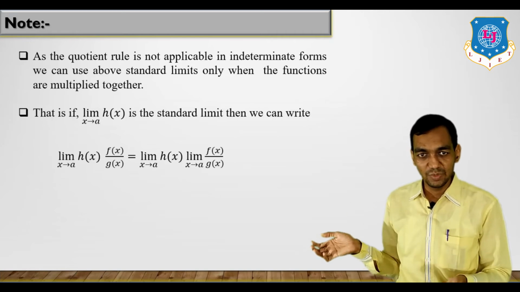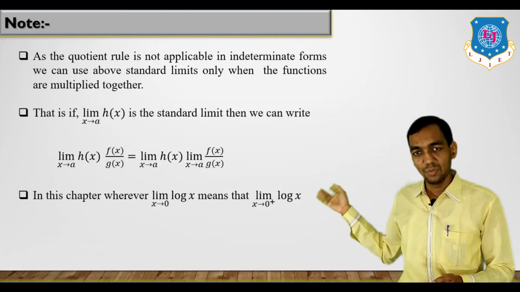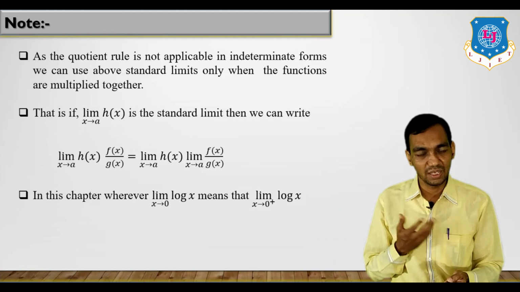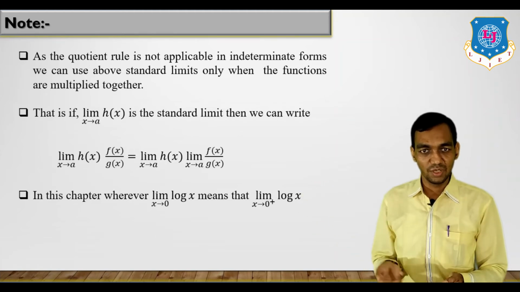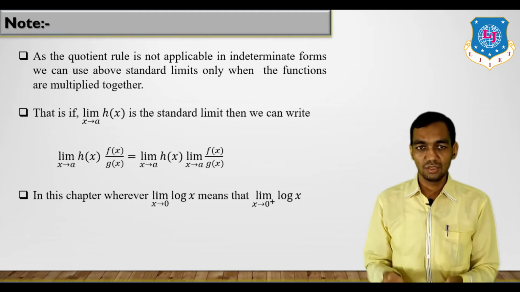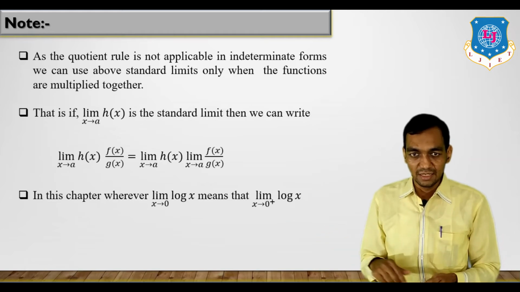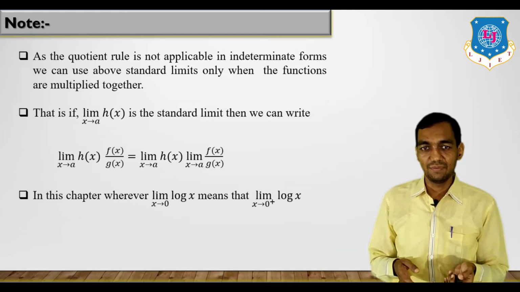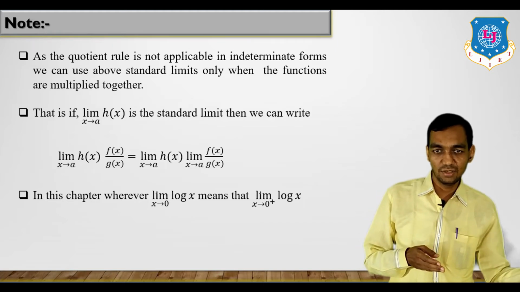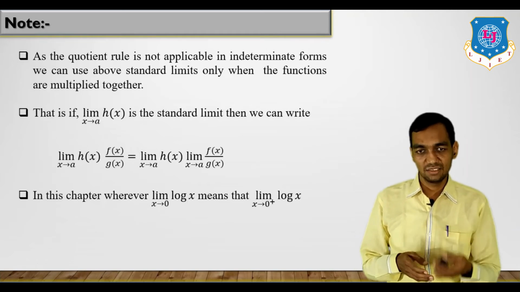Then we are going to separate the limits, and since you are already aware of the limit of h x, put it in, and for the remaining function you will have f x by g x. Now if it is 0 by 0 form, then you can apply L'Hopital's rule, because the first limit is going to be constant. In the same manner, there is a basic concept we have to consider: suppose you are given limit x tends to 0 log x, that means you have only the right hand side limit, the left hand side limit is not there. Please remember, because log is defined only for x greater than 0, that means we are going to take the right hand side limit if x tends to 0 is written. Okay.